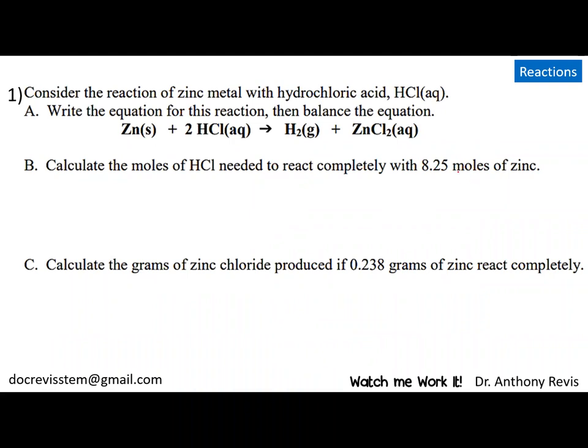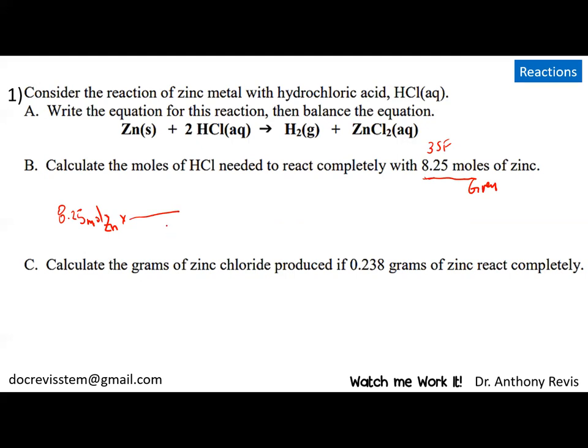So when we see a problem like this, this is our given. When we see these, they're all classical dimensional analysis. It's 3 sig figs. I'll just keep an eye on that, make sure we get that right. And this is my given. So I'm going to start with my given of 8.25 moles of zinc. And I'm going to do a crossbar here to do this problem.